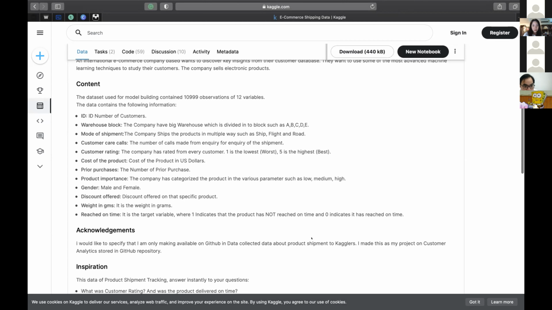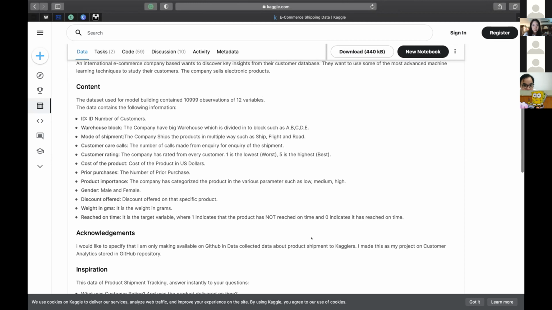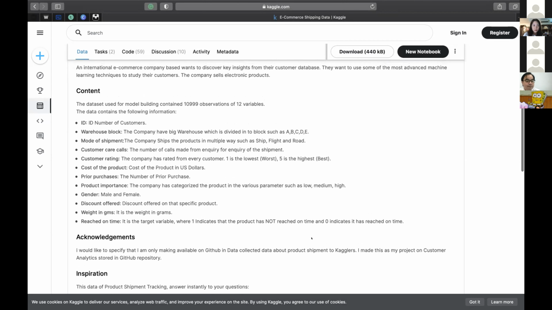Notice the keyword here: discover key insight from customer database. So again, you're trying to understand your customer. That seems to me like a general exercise, maybe even unsupervised clustering. You're trying to find out what kind of clusters you have in your groups. Do you have different themes, different niches, and so forth? That would be unsupervised.